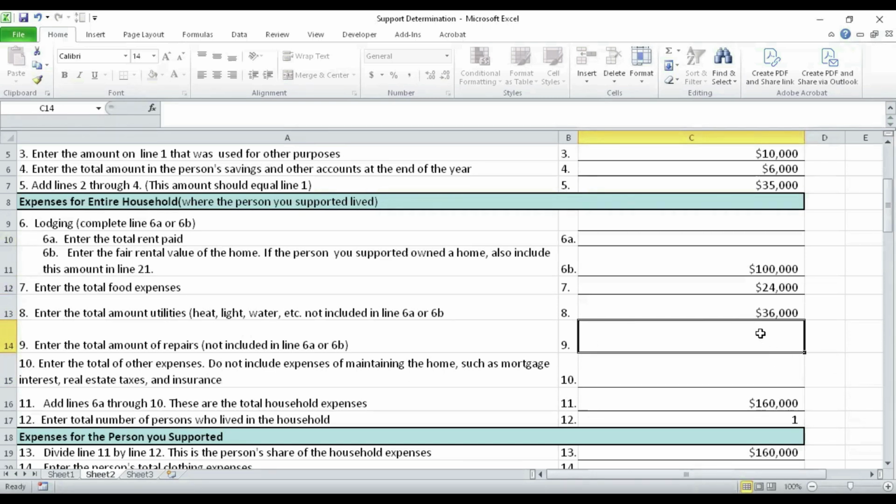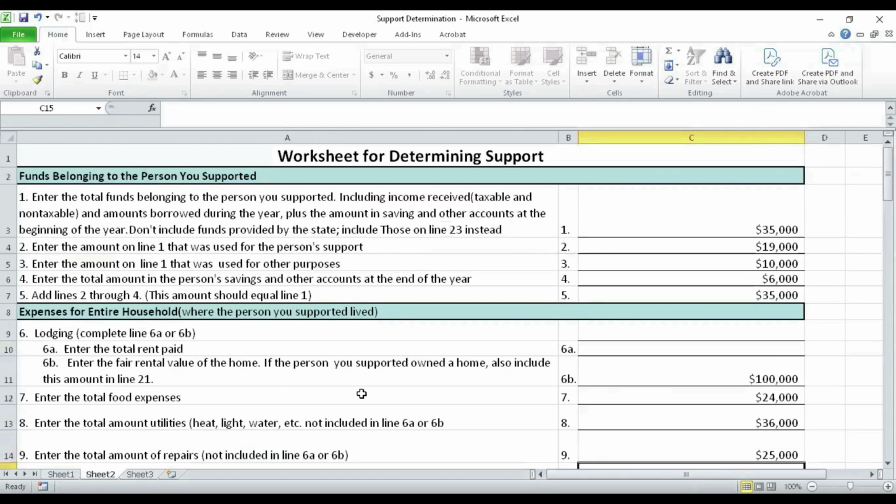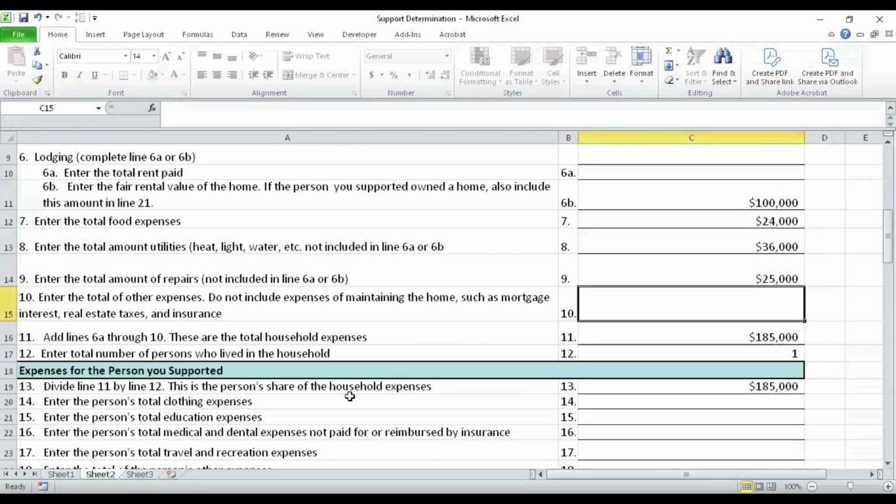So that was 25,000 that he spent. And the total of 6B through 9 is, no, not yet.